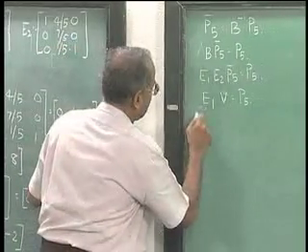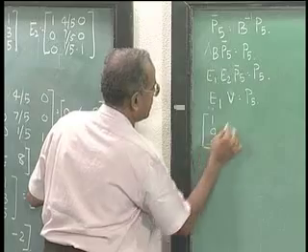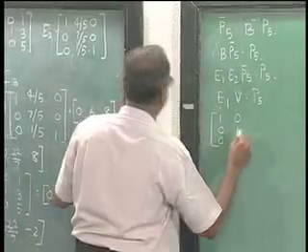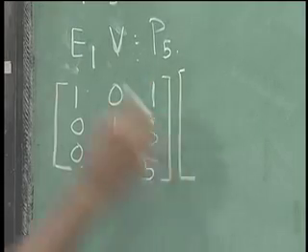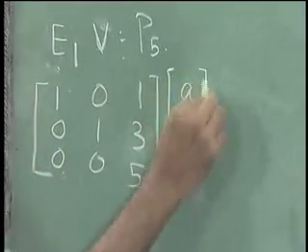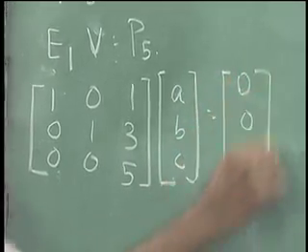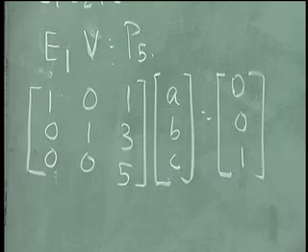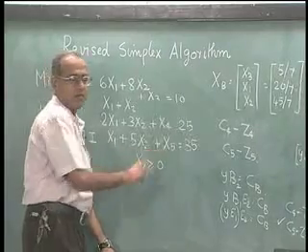So, some V equal to P5. From this we get E1, which is 1 0 0, 0 1 0, 1 3 5, and we could simply call this V right now as some A, B, C, will be equal to P5, which is 0 0 and 1. P5 is 0 0 1 because in the original problem variable x5 comes only in constraint number 3.